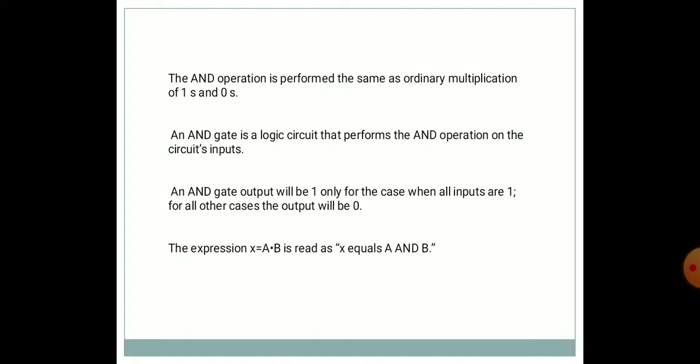It is similar to how ordinary multiplication is performed using ones and zeros. We know in ordinary multiplication the output will be 1 only if both inputs are 1. The AND operation is performed in a similar way.